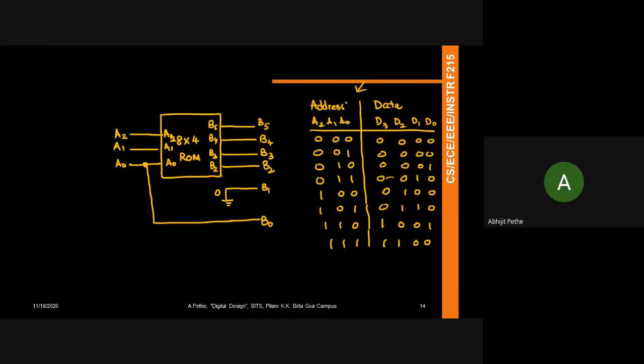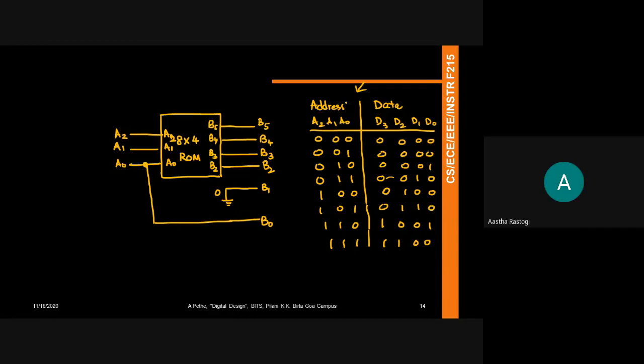1 kilobyte is 1024, right? So 2 power 10 bytes. 1 megabyte is 2 power 20 bytes, and 1 gigabyte will be 2 power 30 bytes.